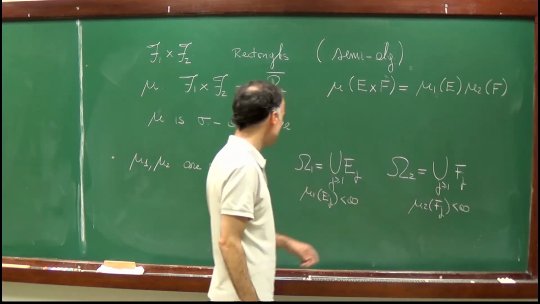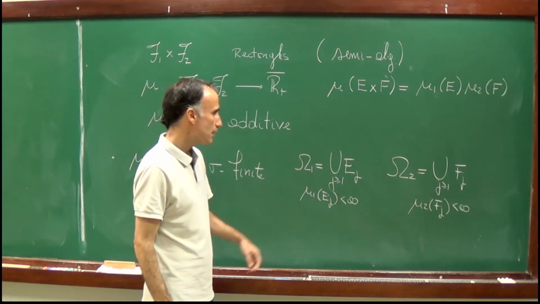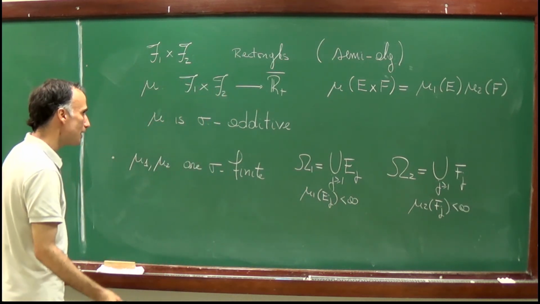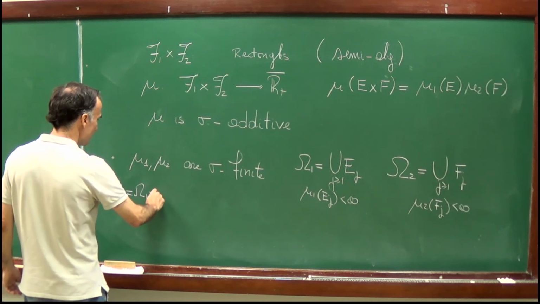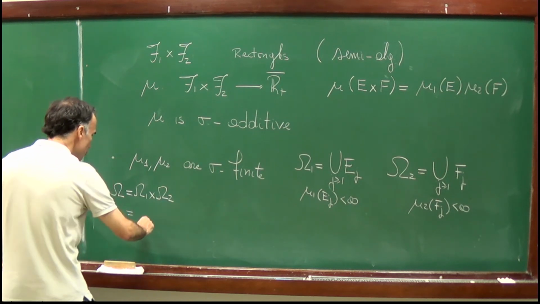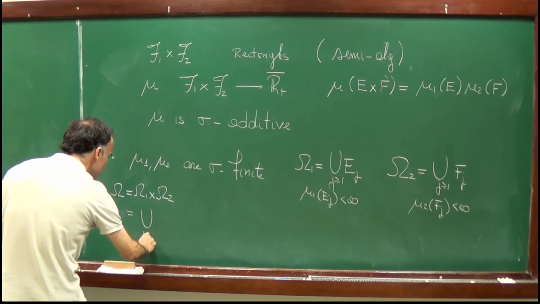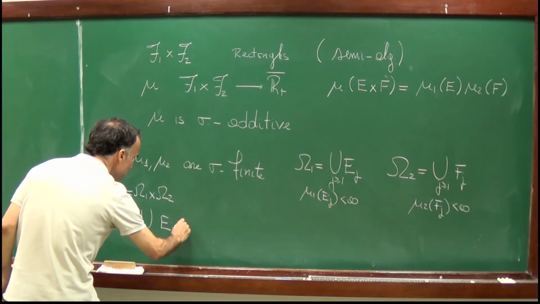Right, so I'm assuming that mu1 and mu2 are sigma finite, and what I claim is that omega, which is omega 1 times omega 2, is equal to the union of Ej times Fj.